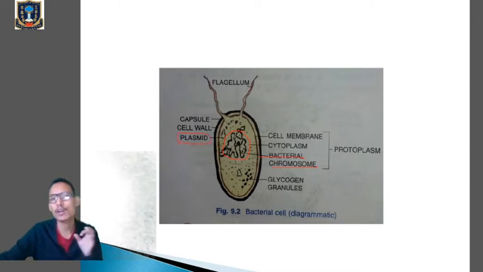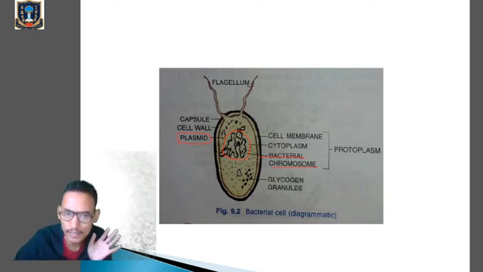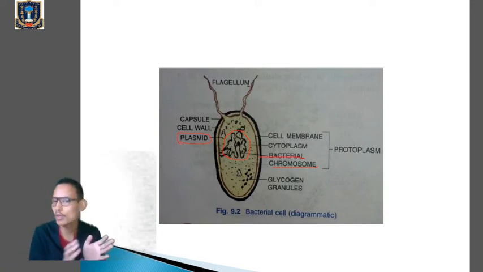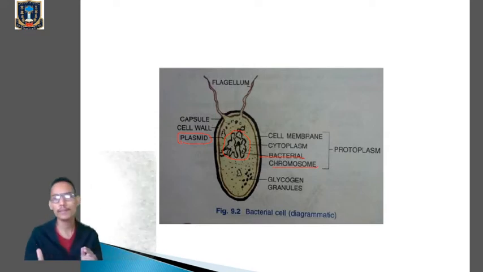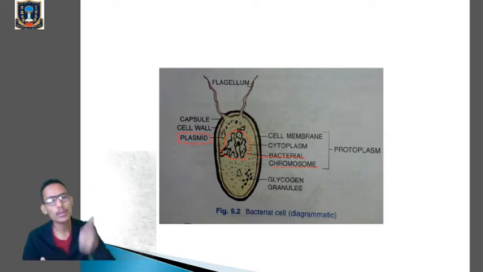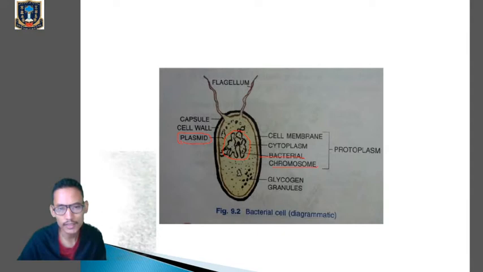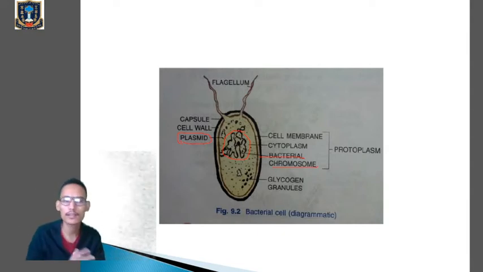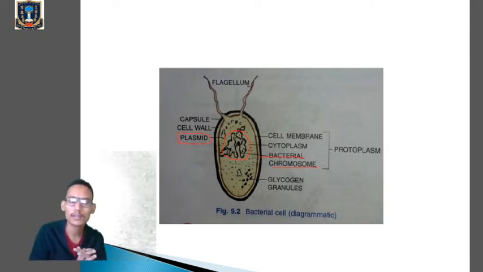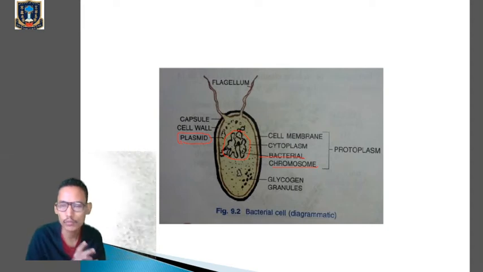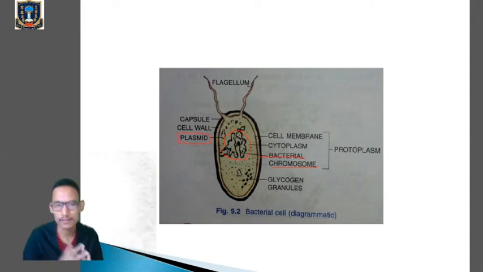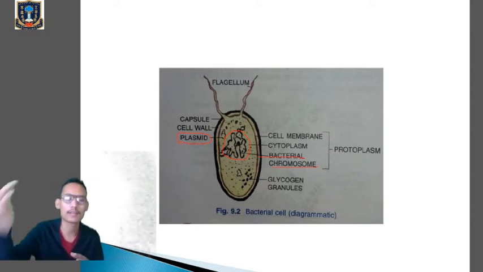So in bacteria, we find the bacterial chromosome, and along with it we also get plasmids. Clear? In higher classes, you will learn that these plasmids are used in biotechnology for the formation of different substances, like medicines and vaccines. We learn this clearly in higher classes.